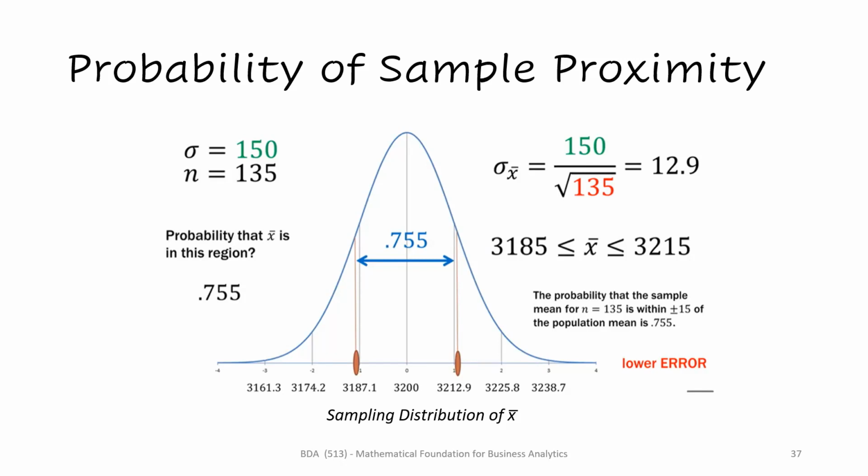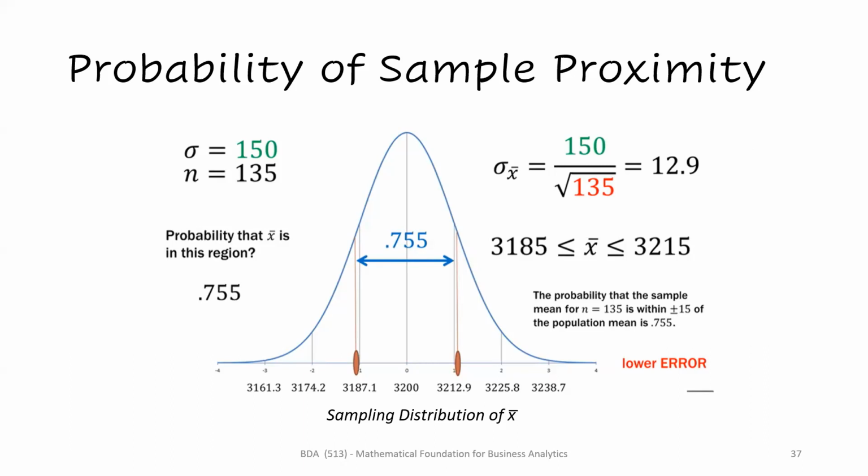Can you take me through how you did it? Yes. So for Z upper, we are deducting the population mean from the sample mean and dividing it by the standard error for this sample size of 135.